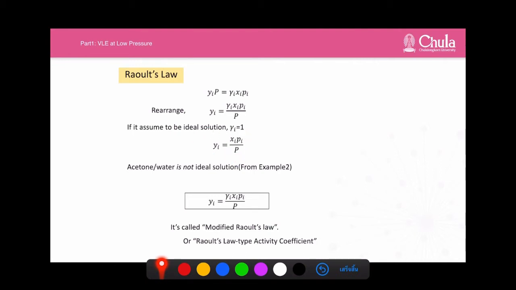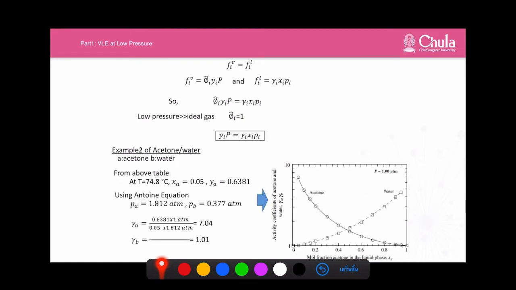And previously we showed that our system, for example acetone and water, has activity coefficients that are not 1. The activity coefficients for both acetone and water approach 1 when the mixture approaches a pure component.